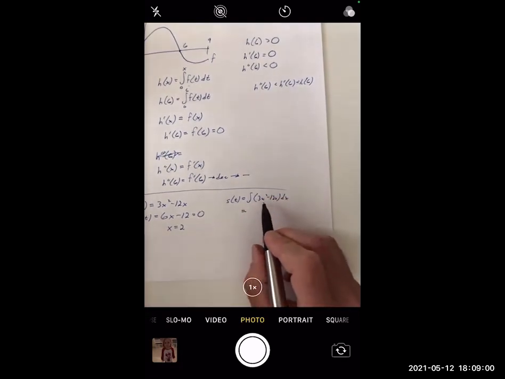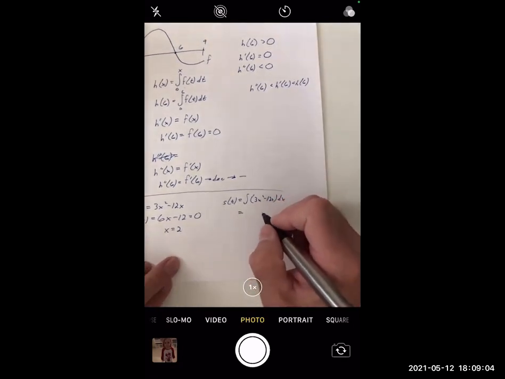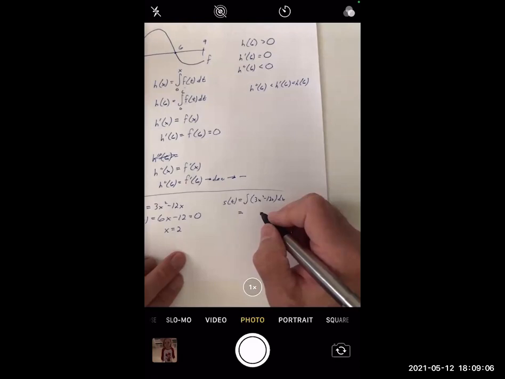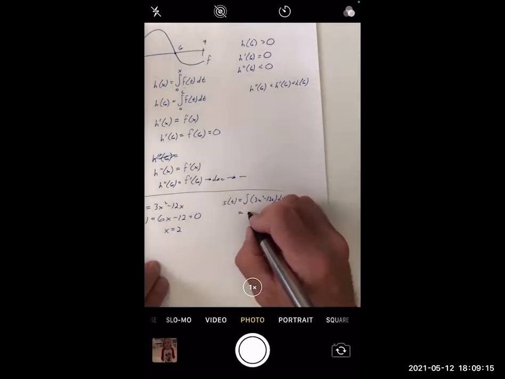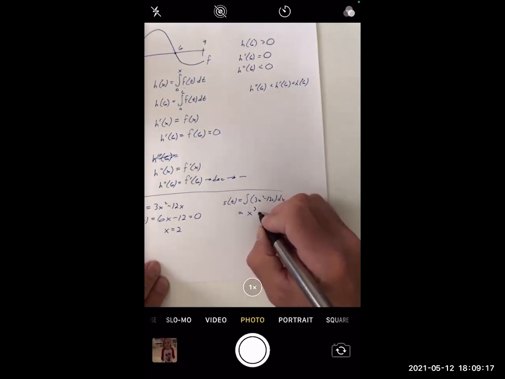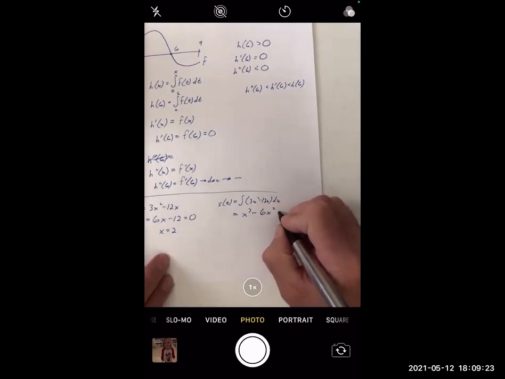So what's the integral of that? Yeah, x to the third minus 6x squared plus c.